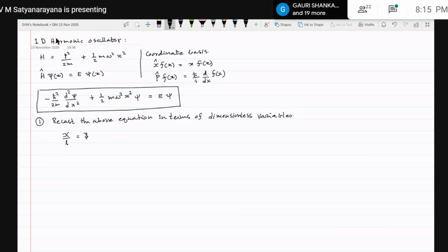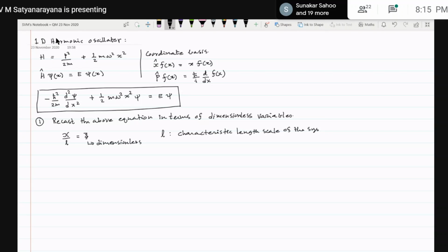This is dimensionless. Here, this L is some kind of a characteristic length scale of the system.